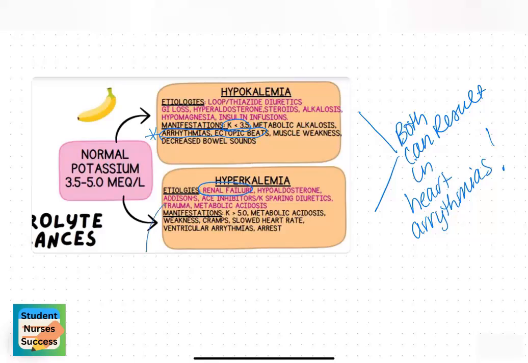Let's talk a second about trauma because that sounds a little unique there. The problem with trauma is when you have trauma, you have cells that break apart. When cells break apart, they release potassium.